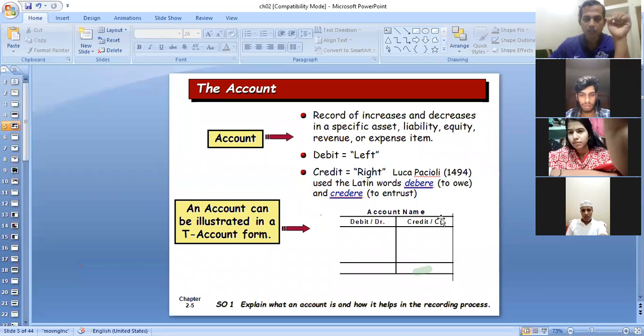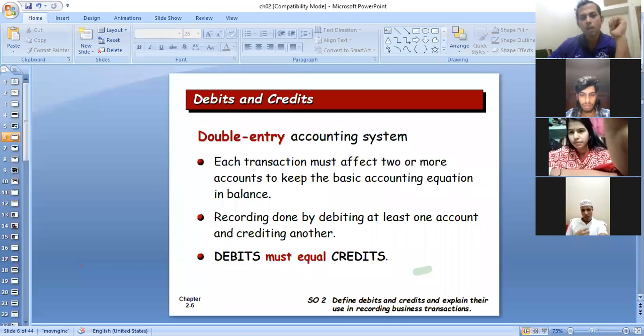It looks like a T. In the left side we put all the debits, and in the right side we put all the credits. This two-sided accounting is sometimes also called the double entry system, because for every transaction we put two entries, one for debit, one for credit.